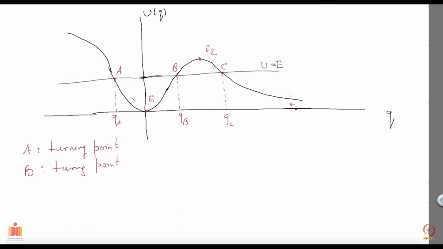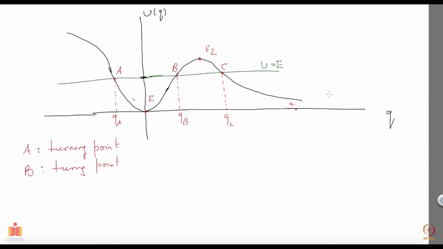Then it will keep climbing up the curve, using the analogy with a hill, and when it reaches point C, it runs out of its kinetic energy, because your total energy is equal to U. But there's still a force in this direction, so it sees another turning point, and it rolls back towards positive Q.